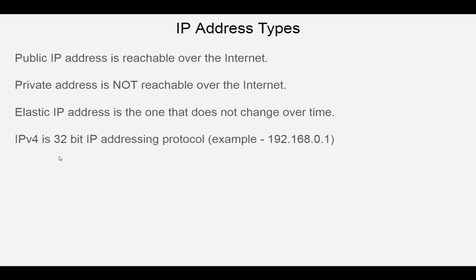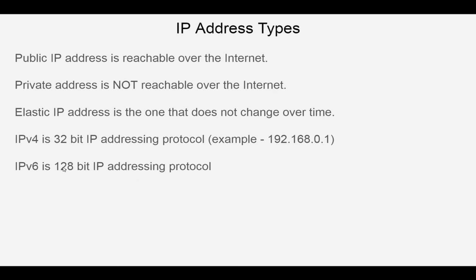And then we also have IP addressing protocols. There are two IP addressing protocols. The first one is IPv4, and it is a 32-bit IP addressing protocol, and it looks something like this. Instead of these numbers, they can be other numbers, but in general, they look like this. There is also another type of IP addressing protocol called IPv6, and it is a 127-bit IP addressing protocol.